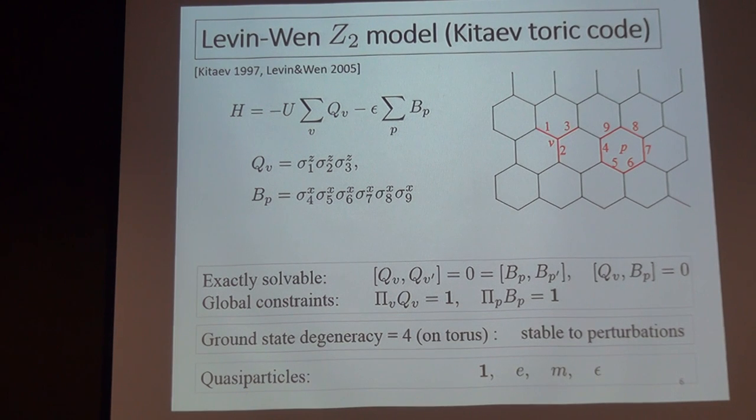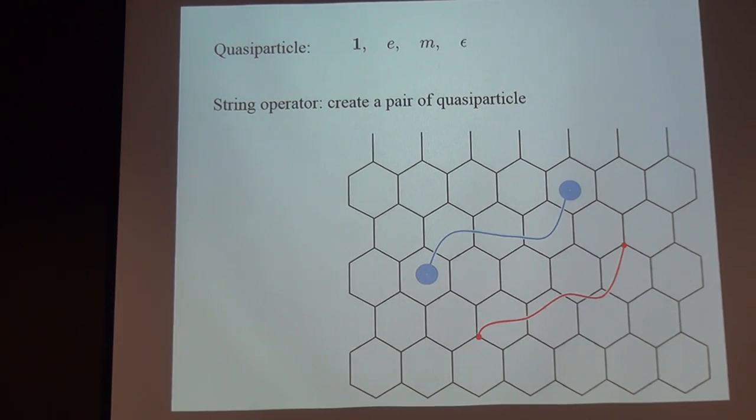So the quasi-particles have 4 species. This is the vacuum, the Z2 charge, the Z2 flux, and the charge-flux combination. On the graph, it can be illustrated like this. The flux lives at plaquettes, and the charges live at the vertices.